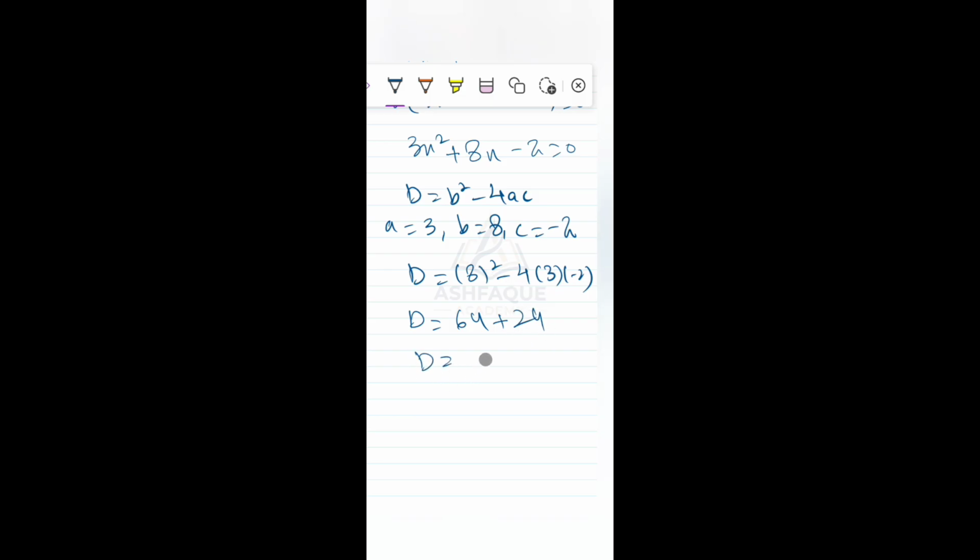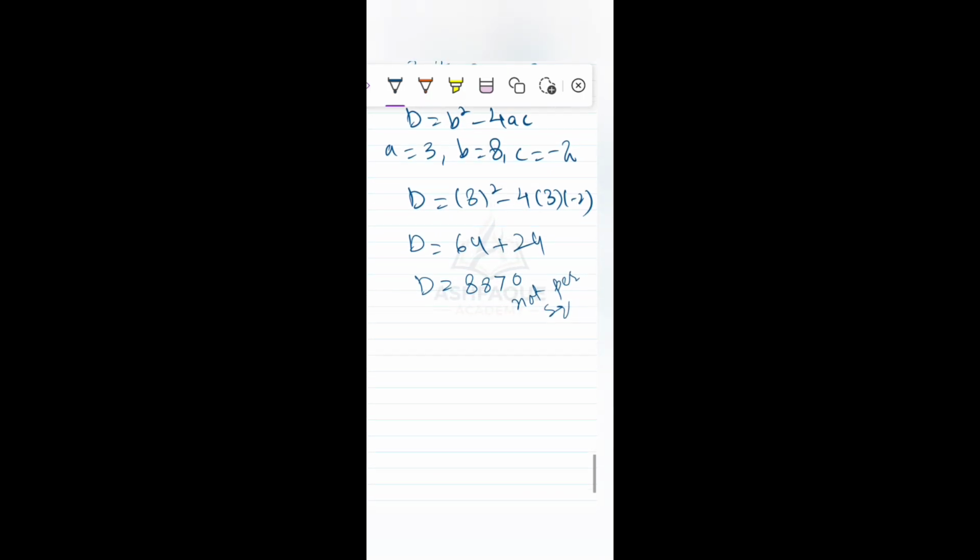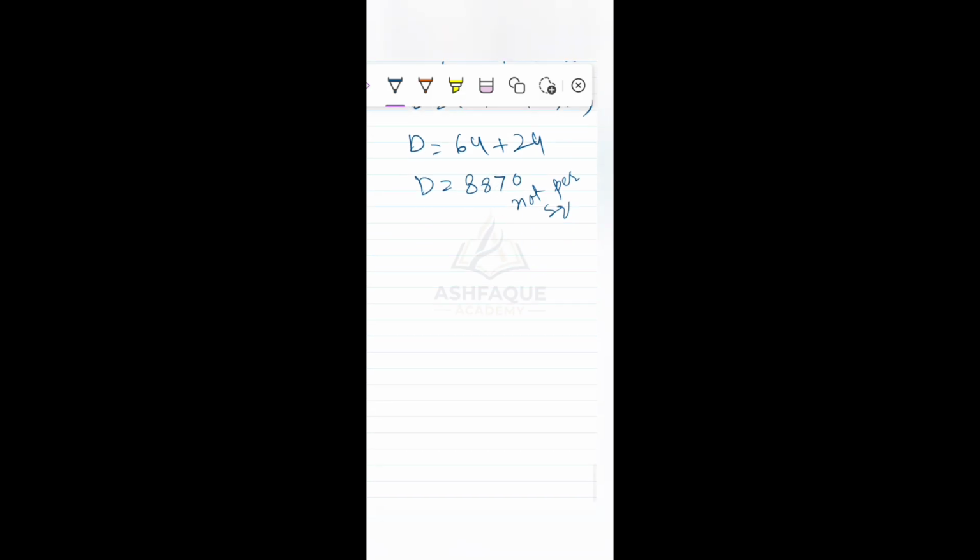So the value of D will be 88, which is greater than 0, but it is not a perfect square. So we will use the quadratic formula, that is x is equal to minus b plus minus the square root of b square minus 4ac, upon 2a.